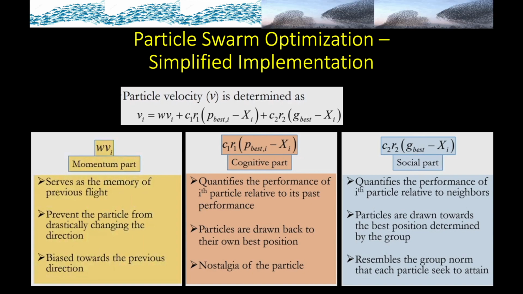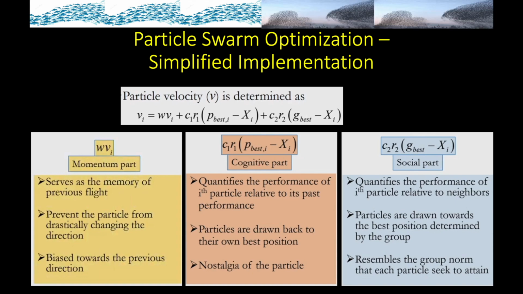So now we have the local information, and we want to compare the current position of particle i with the best position of particle i, and hence we are quantifying it locally relative to its past performance. Particles are drawn back to their own best position. We are pulling each particle towards its own best position, and this is the change in direction that is going to be suggested.